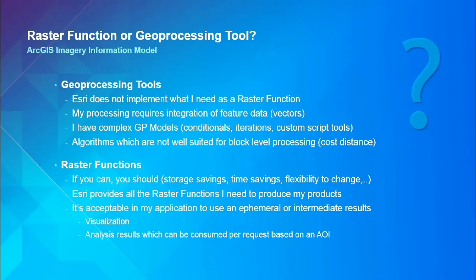With geoprocessing models, I can integrate vector data into my image processing, right? So if you have a bunch of vector processing and then you want to do raster to vector, vector to raster, and then do some more in geoprocessing, then you're going to want to go with GP, right? Second of all, if you have a heavy requirement to control the environment that the GP environment provides, you'll want to use GP as well.